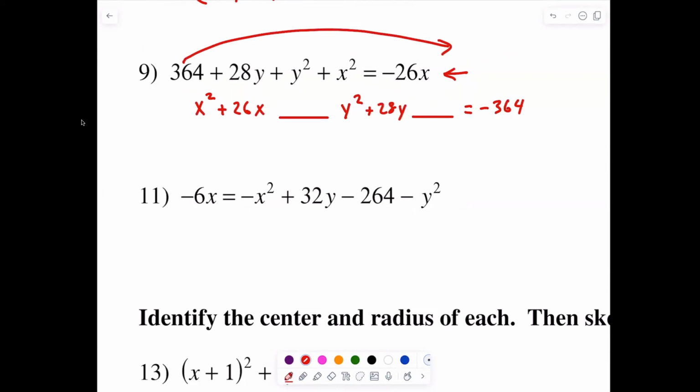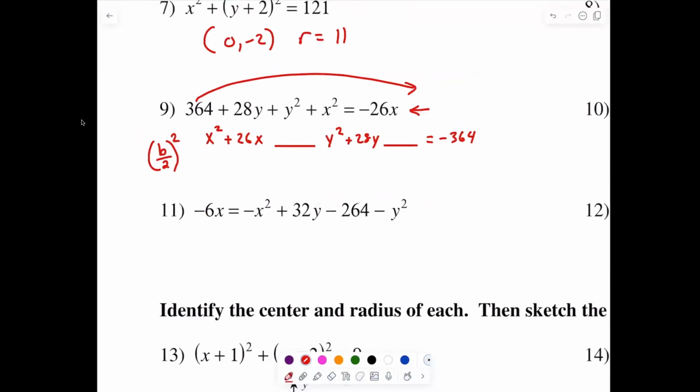Now, does anybody remember the rule for completing the square? That's correct. You always take half of b and then you square it. What exactly is b from ax squared plus bx plus c? B is the number in front of the x term. So what is b in this case? 26.